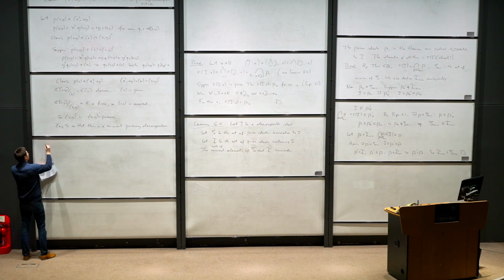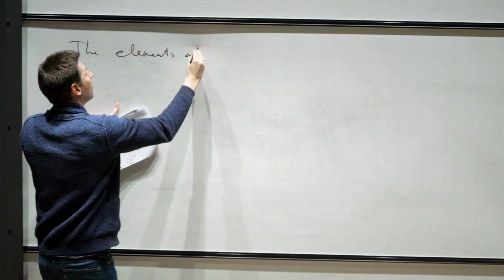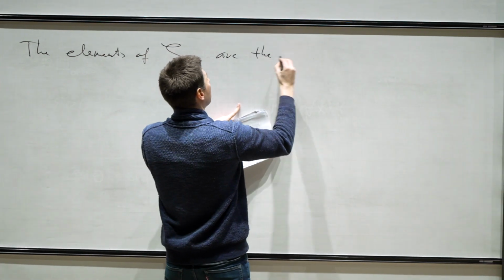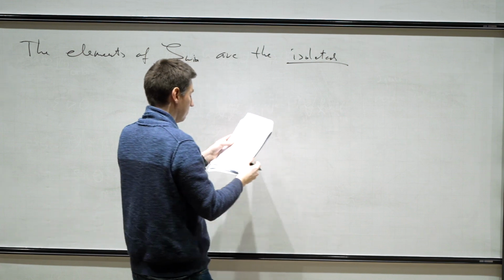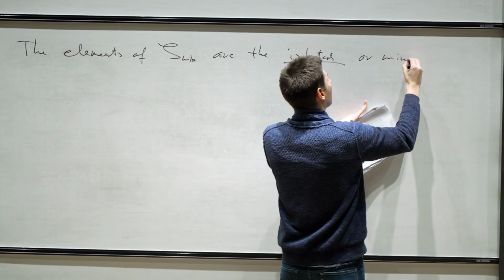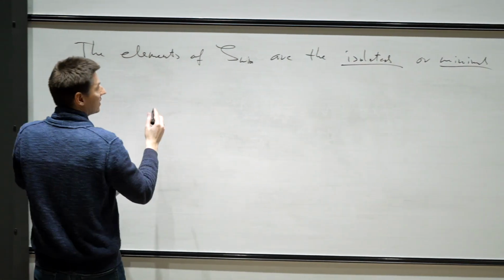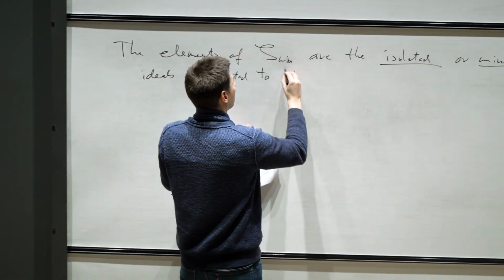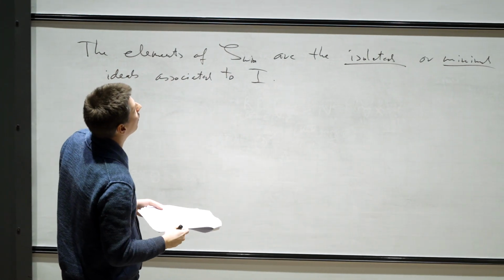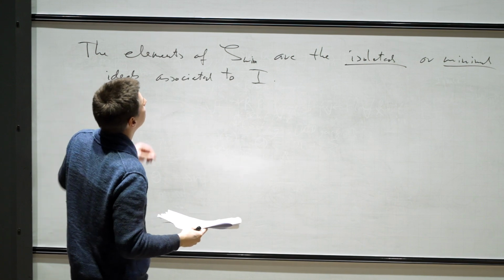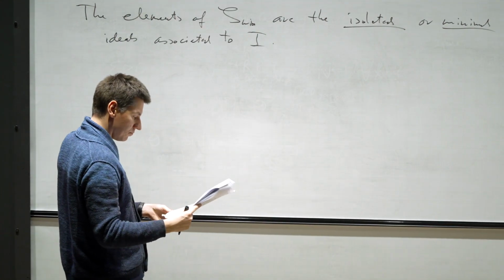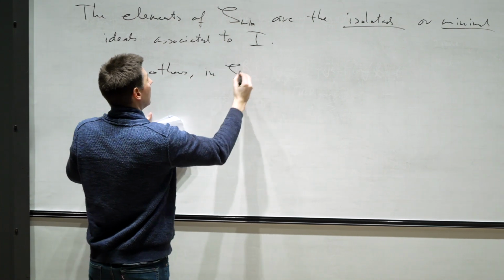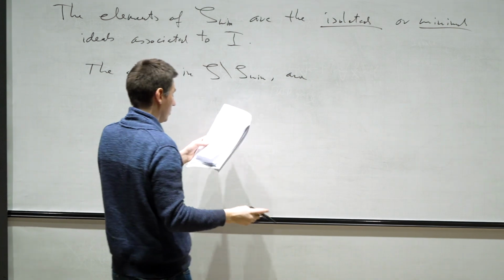So now terminology: the elements of S min are the isolated or minimal ideals associated to I. And the others, so S take away S min, are called embedded.